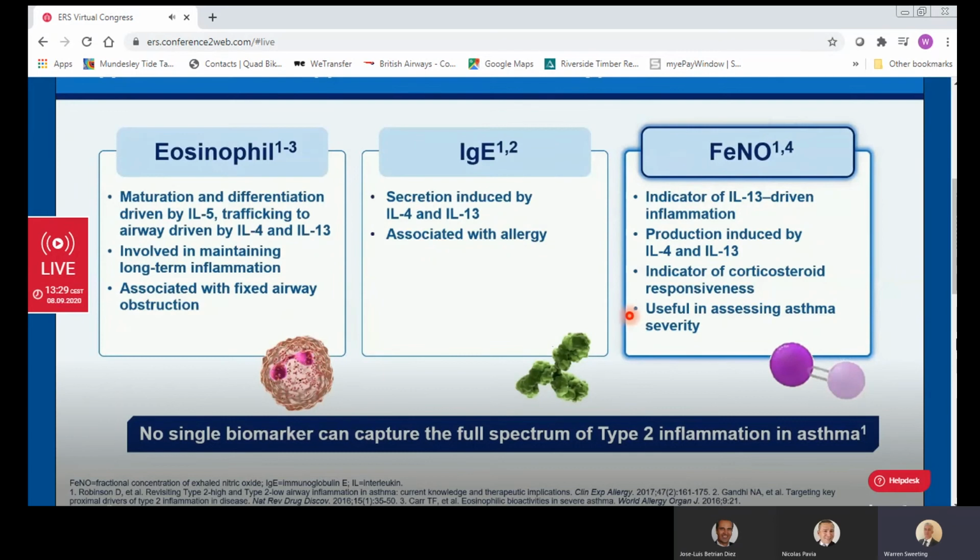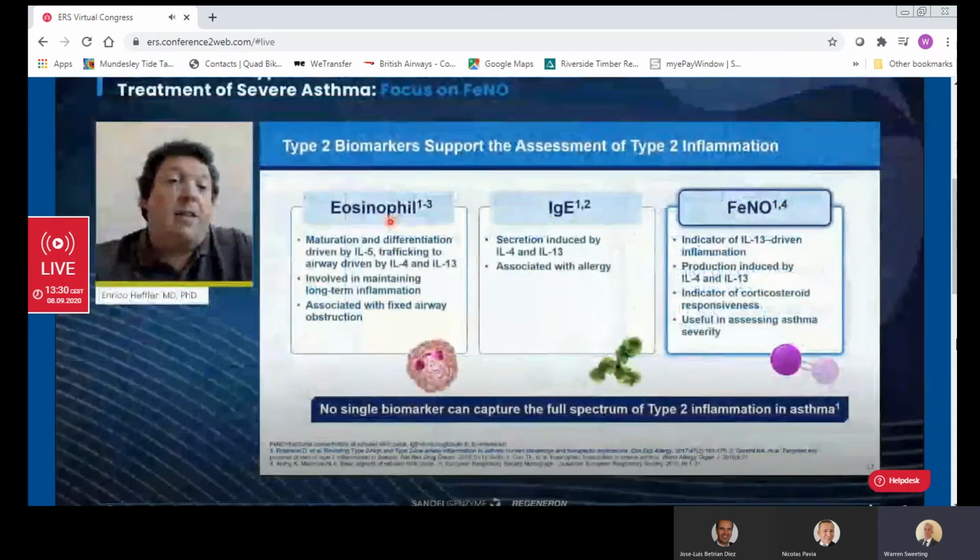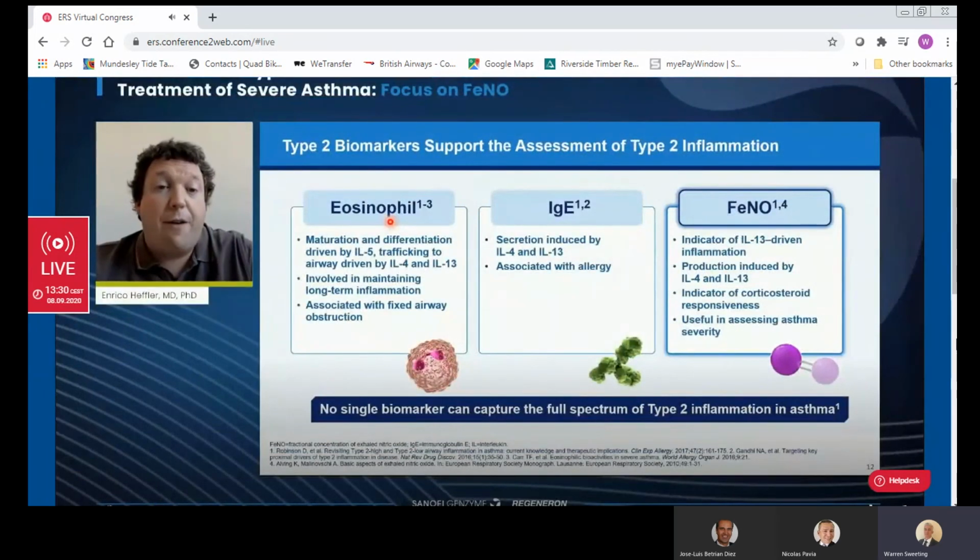So, of course, used in office, because we know that the final effect of this activation that has been seen before at an epithelial level is the recruitment of eosinophils, and this is mediated by means of IL-5, but through the activation of the IL-4 and IL-13 pathways.